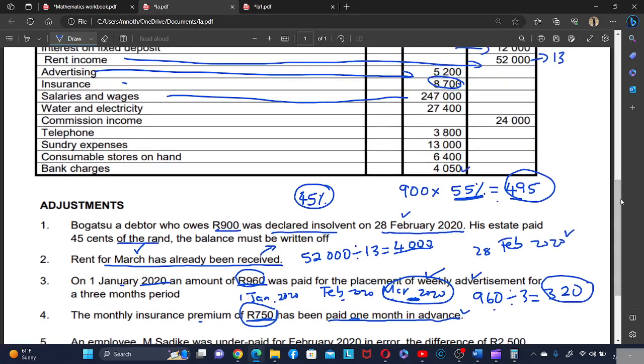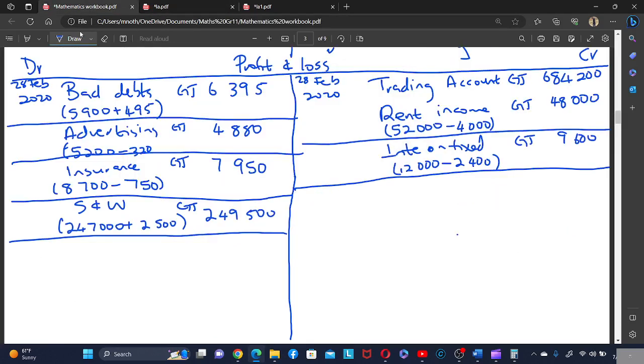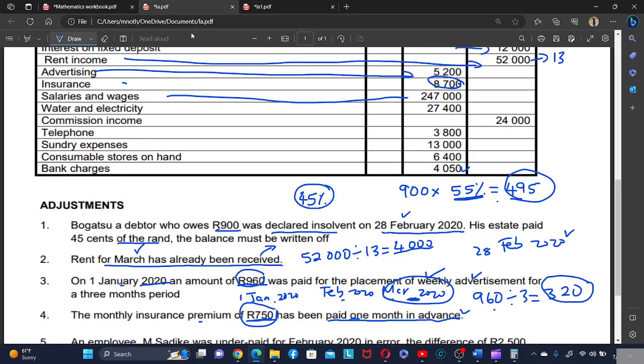They are 4,050. And then we have the sundry expenses. How much are they? The sundry expenses, they are 13,000.